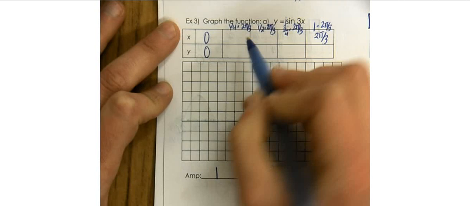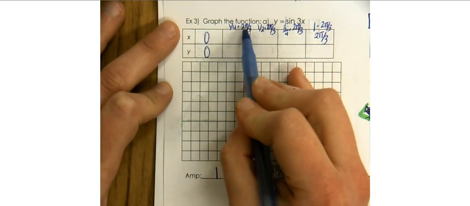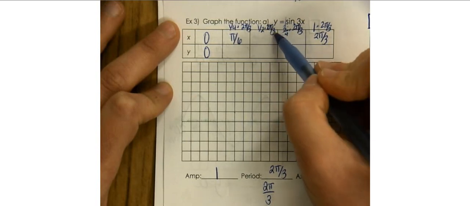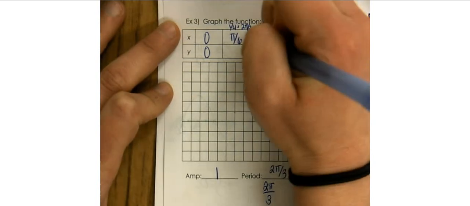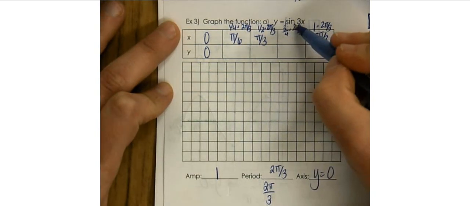And then I have 1/4 times 2 pi over 3. So that's going to be 2 pi over 12, so that's going to be pi over 6. And 1/2 of 2 pi over 3, the 2's would cancel out, and I'll be left with pi over 3. 3 times 2 is 6. 6 divided by 12 is pi over 2. And then we have 2 pi over 3.